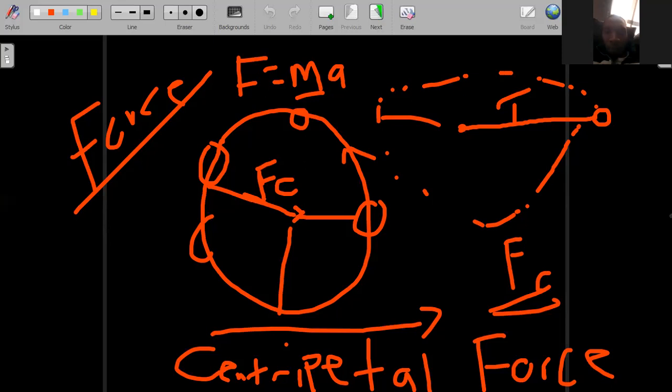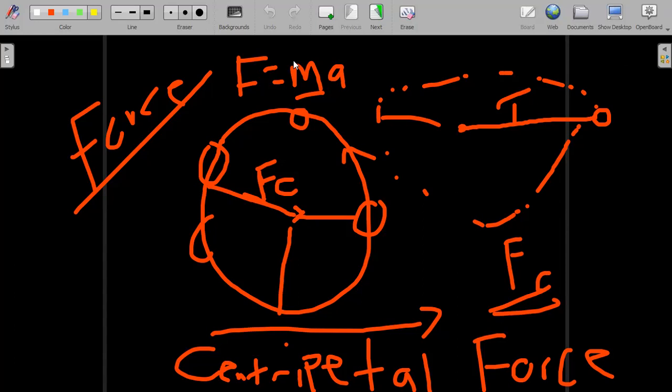For cars moving around a bend, friction provides the centripetal force. Now I want to look at some examples to see how we can apply that concept. Of course, our centripetal force is given by the mass multiplied by the velocity squared divided by the radius.